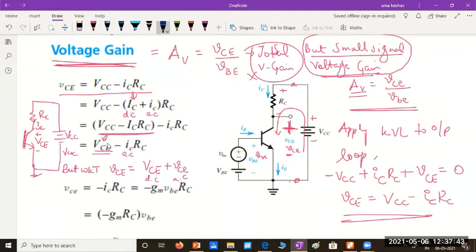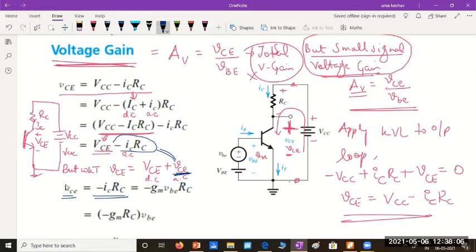The DC value we know, so this second term turns out to be the AC value. So I will equate this small VCE to the second term, that is minus ic RC. Okay. So the AC value VCE should be equated to minus ic RC.